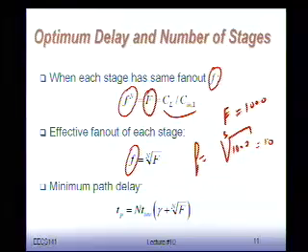Okay? So if you know that, then we can easily compute Tp. The absolute minimum delay, given n, is going to be capital N times T invert times gamma plus the nth root of capital F, or this small f. Okay? So this will be 10 plus 1 is 11 times T invert times 3, which is the number of inversions in this particular example.